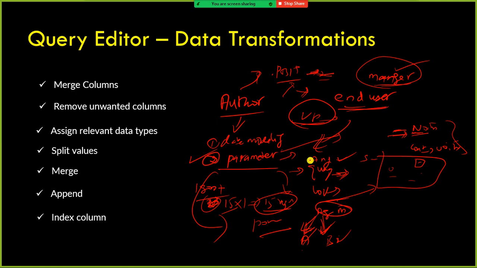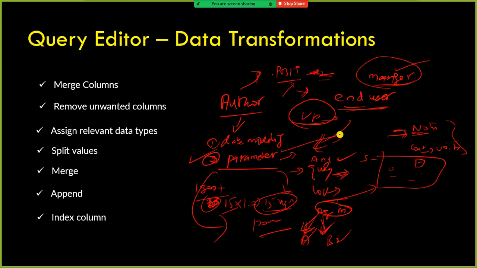In simple terms, we use the query parameter to dynamically change the data in your report and dashboard by loading the data into your data model. That is the difference between parameter and slicer.